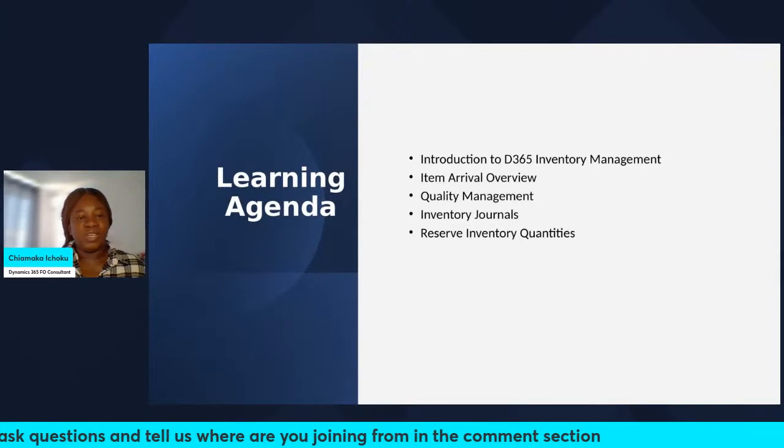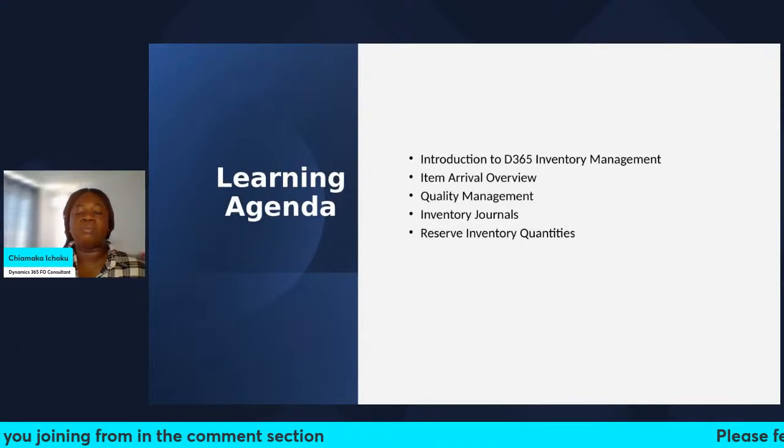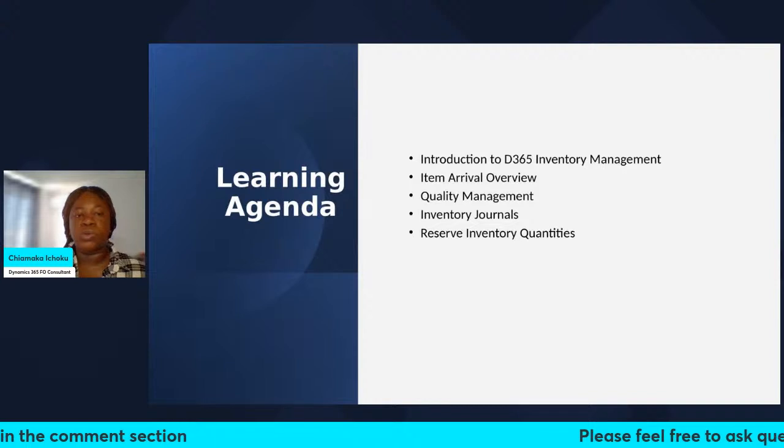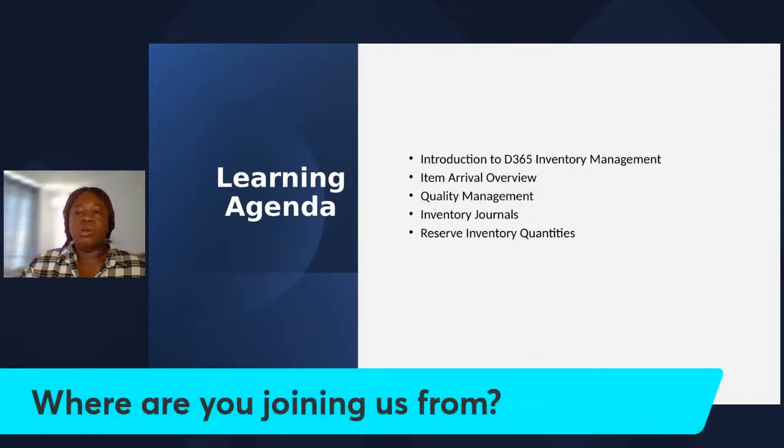Today is going to be interesting, and I'll try as much as possible to break down these concepts to the barest minimum so that we can all flow along throughout the course of the training. Also, don't forget to drop your questions in the chat whenever you have them, and I can always pick them up and we'll continue the conversation.